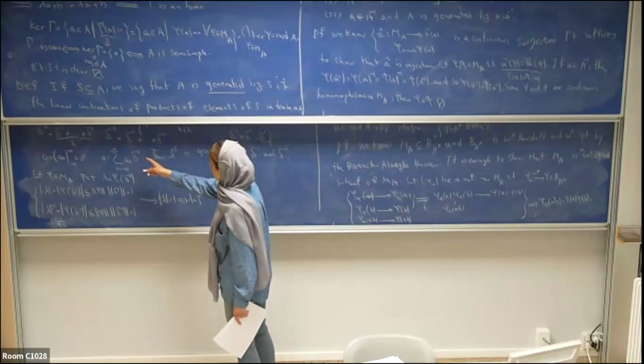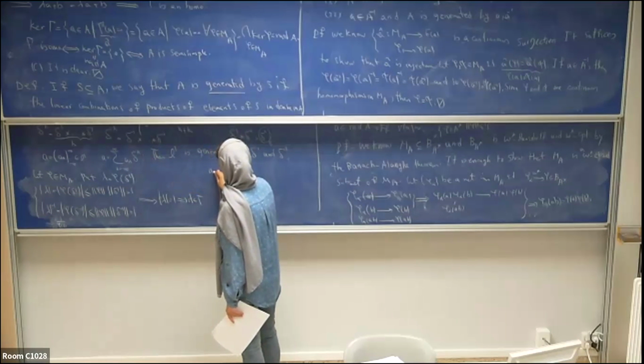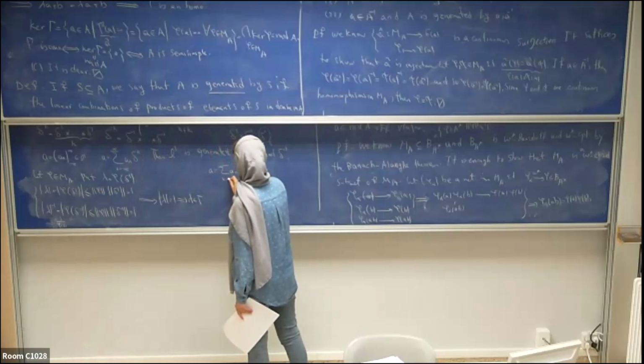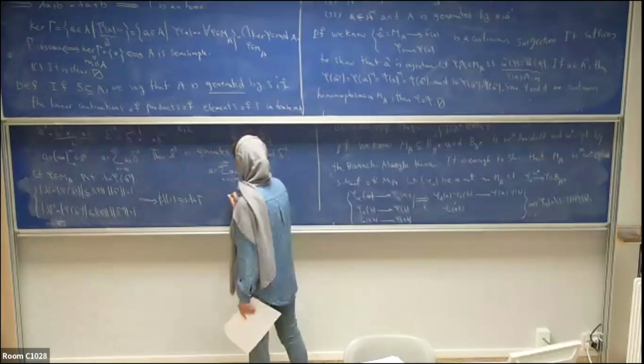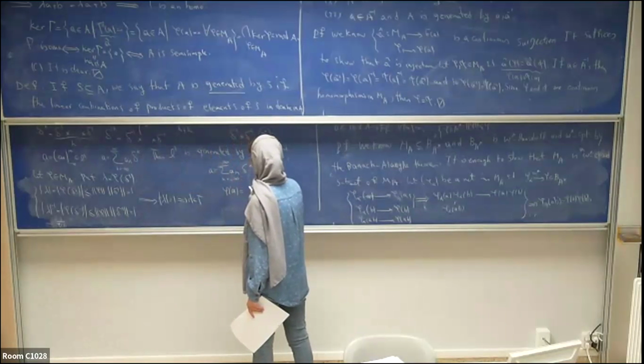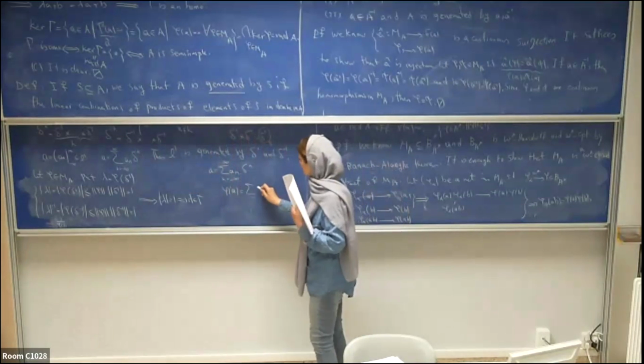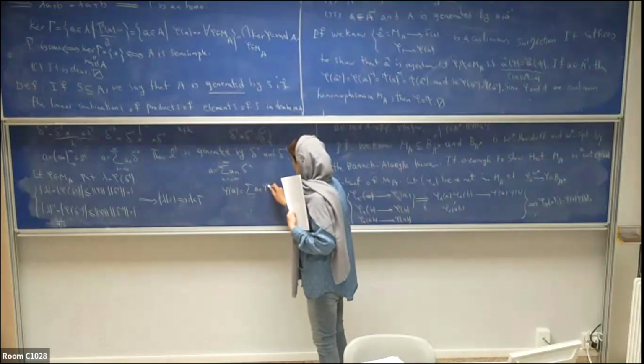And each A is of the form sigma a n delta n. Phi of A, because phi is a homomorphism and also continuous, is sigma a n phi of delta 1 to the power n.